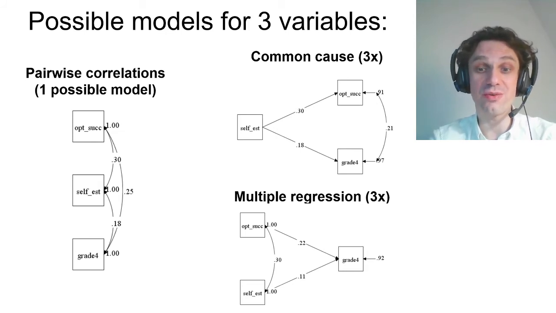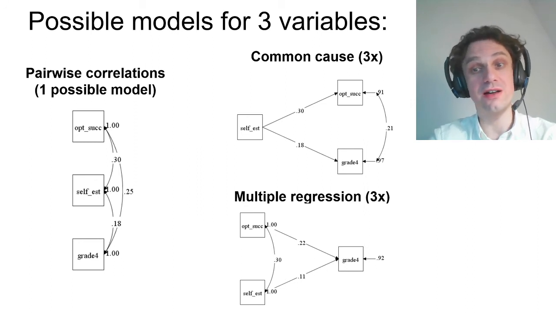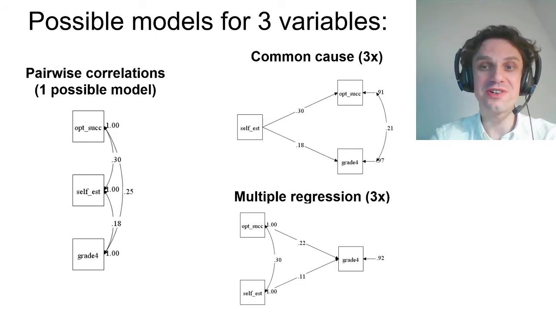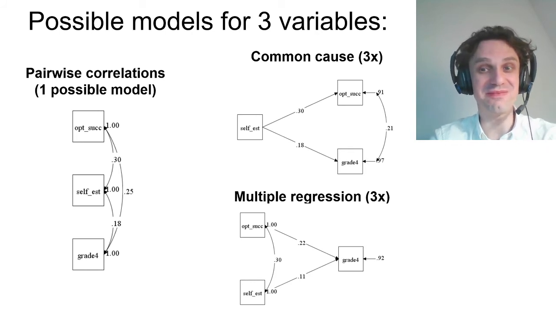So the substantial question that we ask here, are children who are more optimistic more likely to get good grades, or are children who have higher self-esteem more likely to get good grades? Of course, we can apply here a causal logic and say, is it optimism or self-esteem that motivates or predicts getting higher grades?